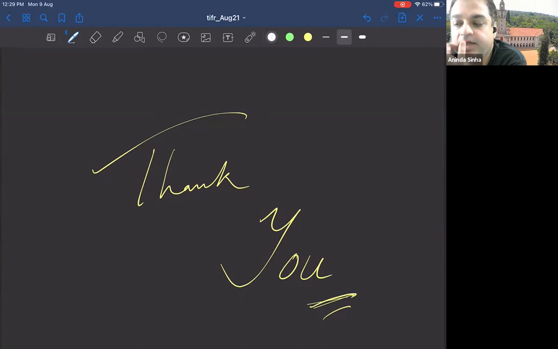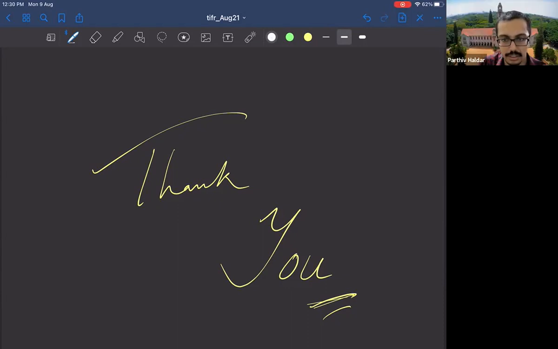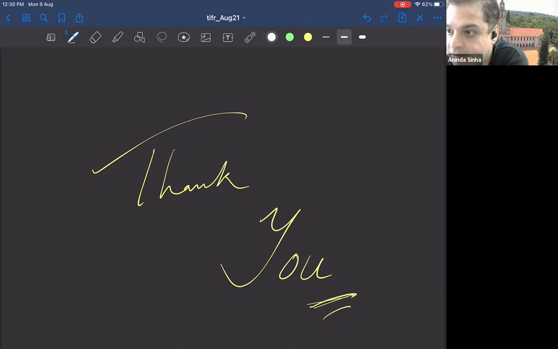But Akhil's question is very good. It's a very interesting question whether higher point functions, in some special kinematical configurations, can give us more information than what the 4-point function gives us. And it's very likely, except I can't hear you. Parthiv, probably.